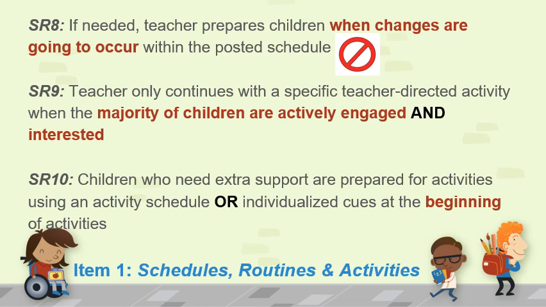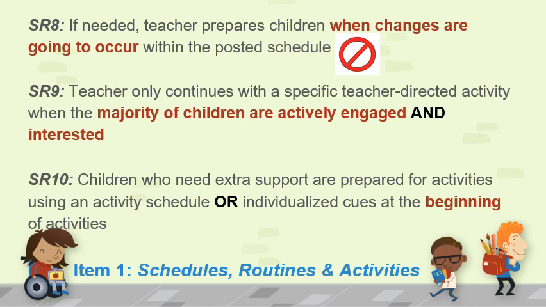SR10, children who need extra support are prepared for activities using an activity schedule or individualized cues at the beginning of activities. So you can use a visual schedule or a cue.